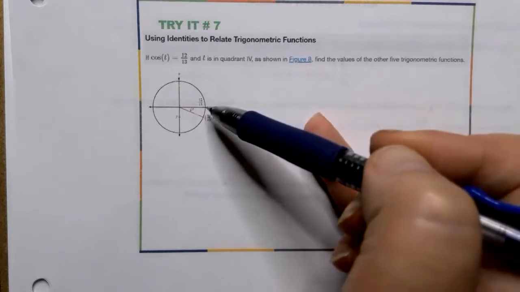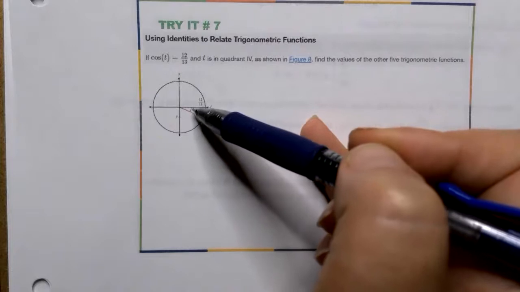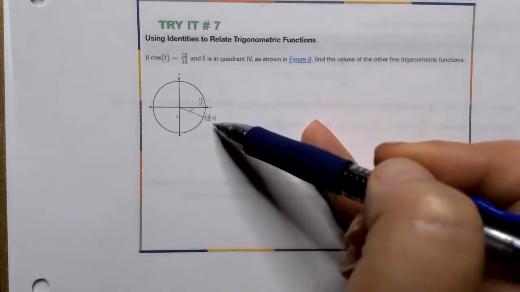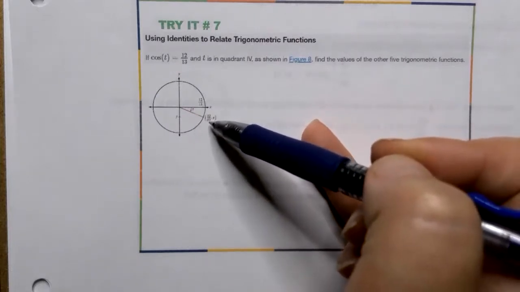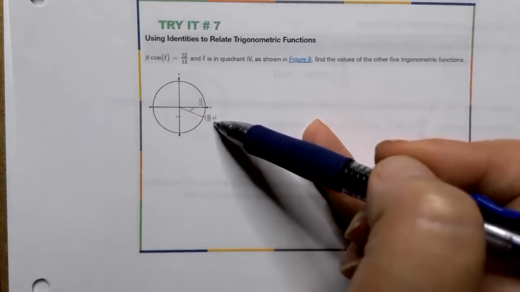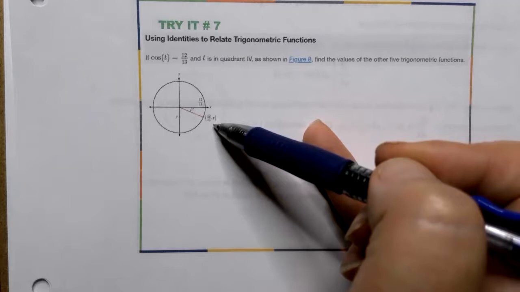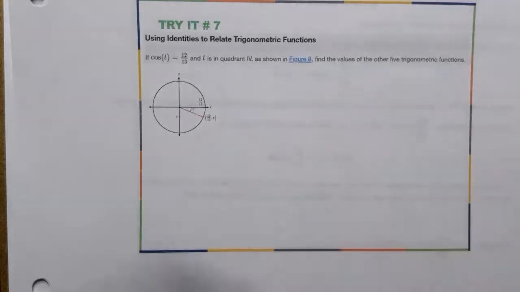We have a picture here: t is in quadrant 4, and 12 over 13 is the x-coordinate of the point on the circumference of a unit circle. Go ahead, pause here, and solve this problem.